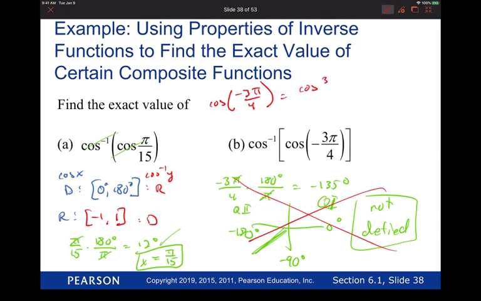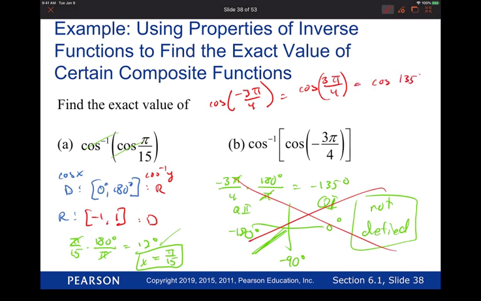We also didn't check it in our calculator. We should have checked it, we would have gotten a result. So 3 pi over 4 we said was 135, so this is the same as cosine of 135 degrees.